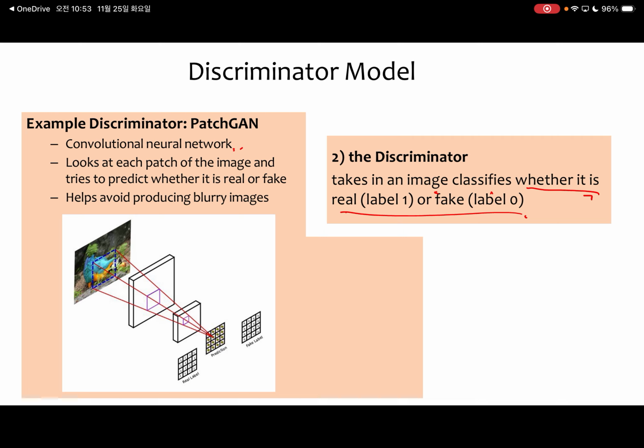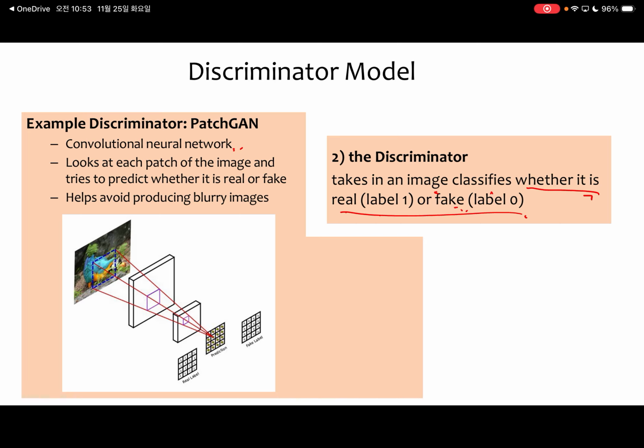Let's say we have a huge amount of images in our data set, and fake is an image generated by the generator. So the discriminator tries to discriminate between images from our data set and images from the generator. That is the role of the discriminator. It is simply binary classification. And this is one of the discriminators that people used at the time, PatchGAN.